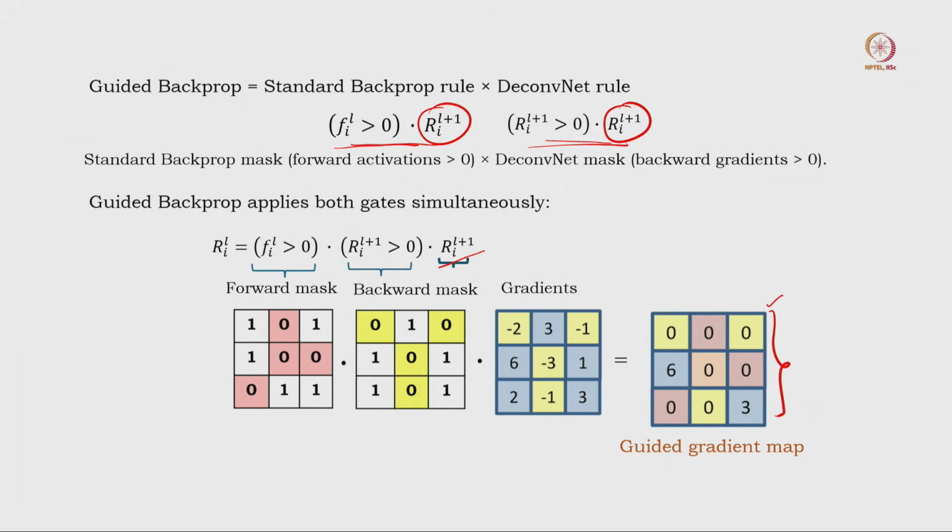This is only for one feature map during the backward pass. With this, I hope you have understood how guided backpropagation works, although we have still not completed it. We have seen this applied to only one feature map.